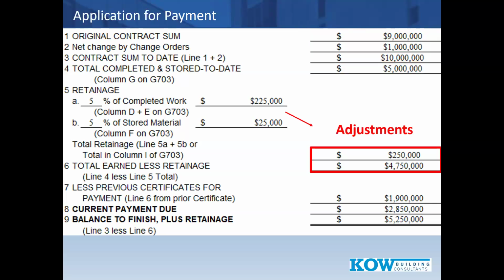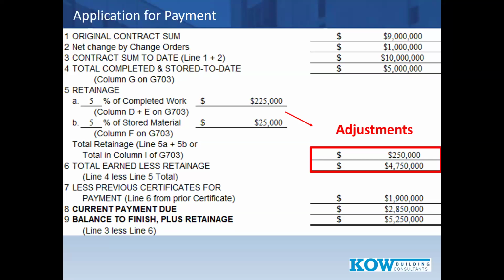Now we have adjustments, which is retainage. You could have 5% retainage, which would be computed of the total completed stored to date. You could have 10%. You could have 0%. It depends by state. It depends by project. It depends who's involved. You also might see in here owner's equity. Whenever you hear owner's equity, just think the owner's paying directly. So I just called it adjustments.